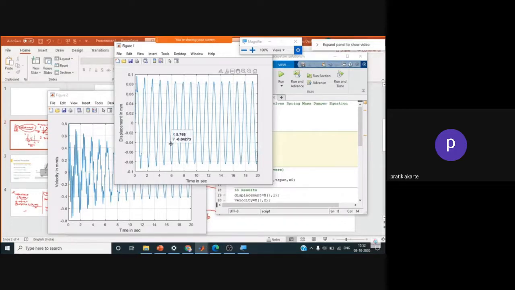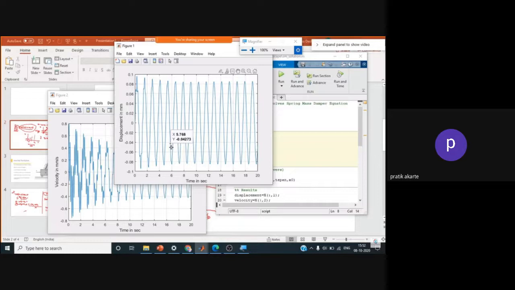What is meant by transient? Transient is due to whenever you change the state of your system. Already I told you there are two states of your system: one is displacement, the other is velocity. If you change any of the states, obviously your system will excite some of the natural frequencies.